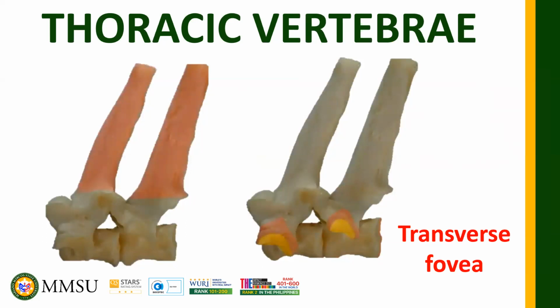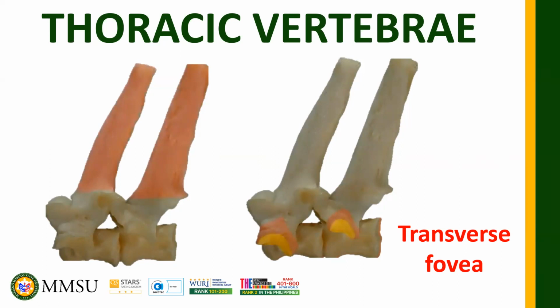Okay, meron tayong tinatawag dito na transverse fovea. So it usually the transverse costal fovea or transverse costal facet. So ano sila, specialized na surfaces sila. So ang pinaka-function lang ng mga to is for their articulation with ribs.